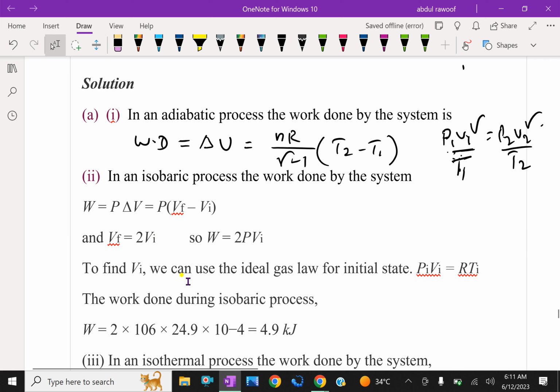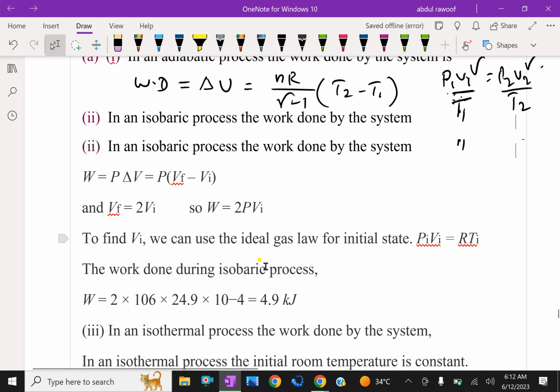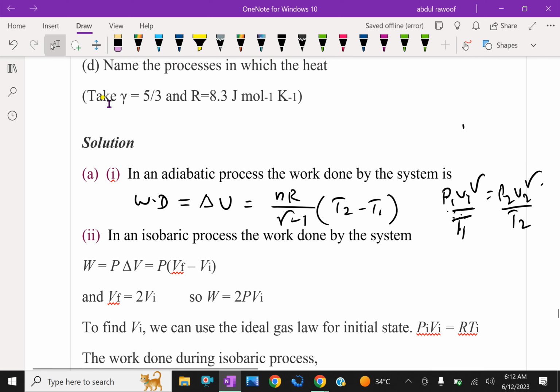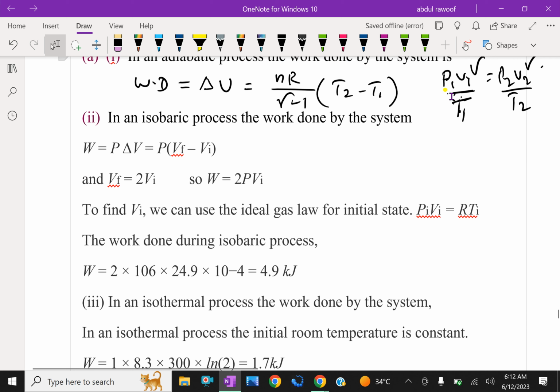To find V initial, we can use the ideal gas law for the initial stage, P1 V1 equals nRT1. Therefore, the work done during the isobaric process is W equals 2 into 10^6 into 24.9 into 10^-4, which is equal to 4.9 kJ. These values are obtained using these constants and relations of the isobaric process.